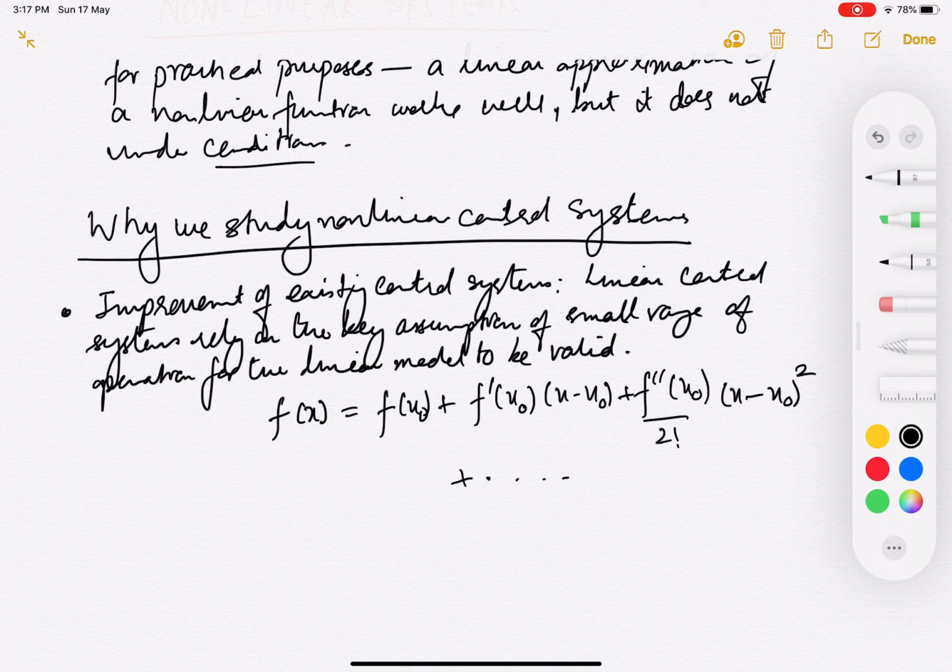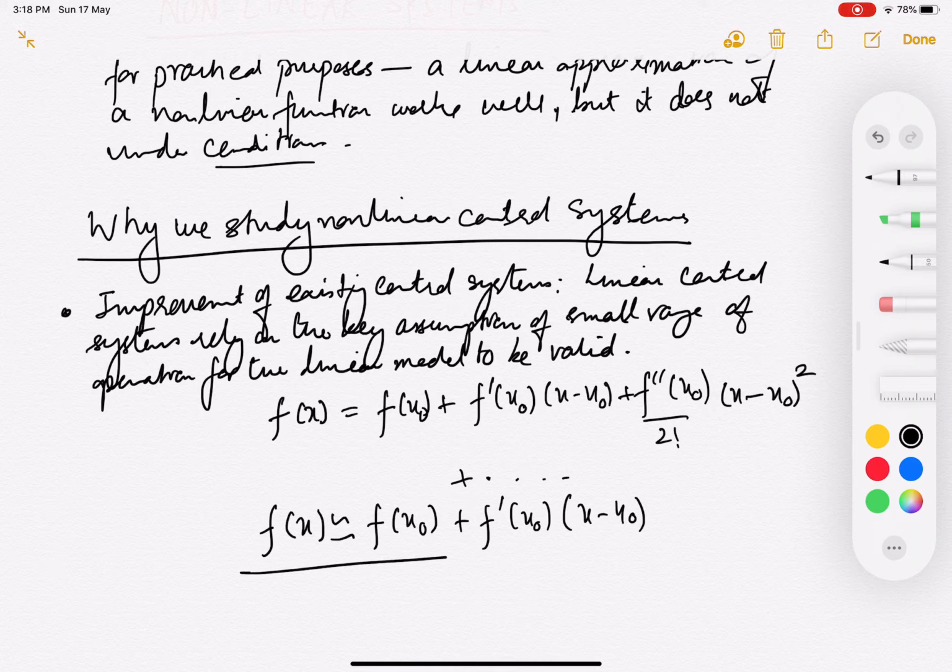This is the Taylor series expansion of a nonlinear function around a point x0. You can then go for a linear approximation, so f of x is approximately f of x0 plus f dash x0 times (x minus x0). This is the linear approximation of the nonlinear function.